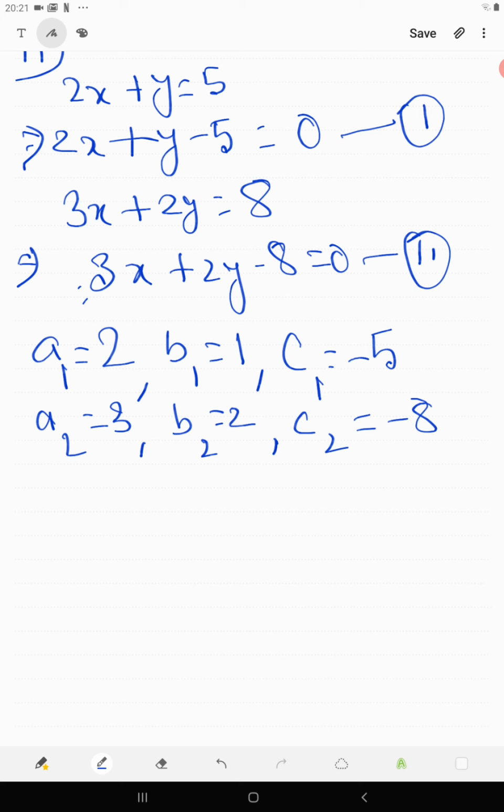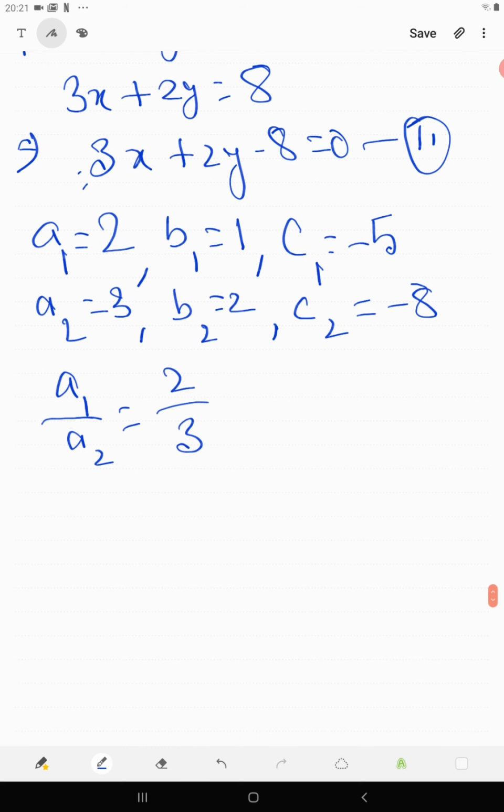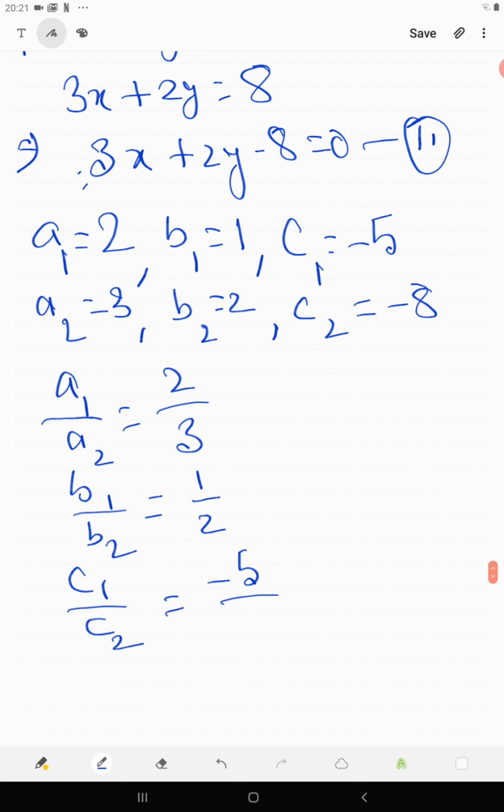Okay. Now check it. a1 by a2 equals to 2 by 3 because a1 is 2 and a2 is 3. Now b1 by b2 equals to 1 by 2. Okay. Similarly c1 by c2 equals to minus 5 by minus 8.